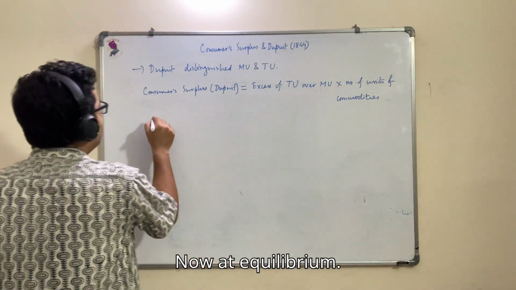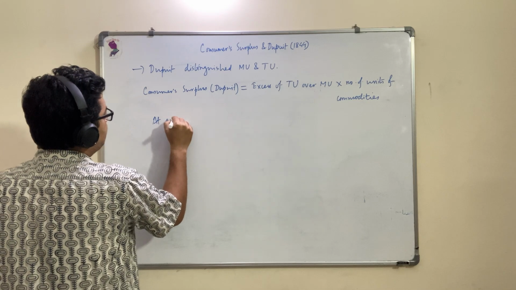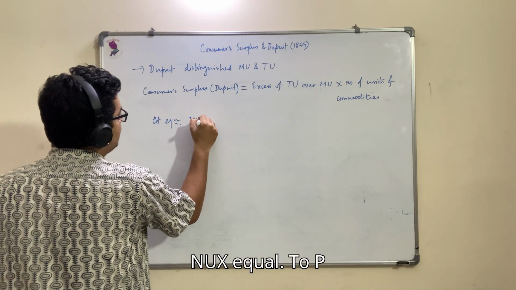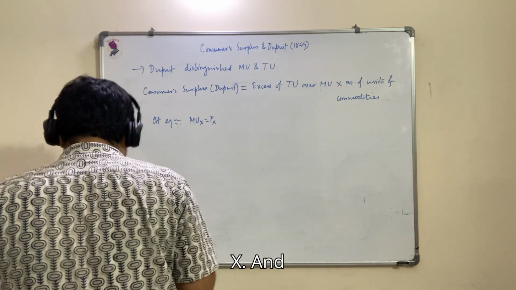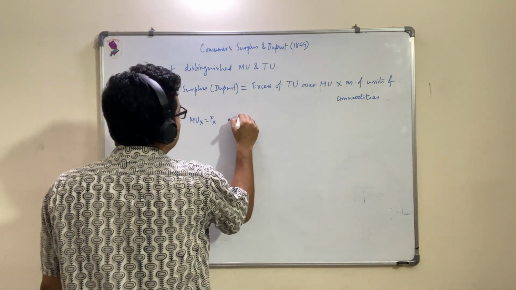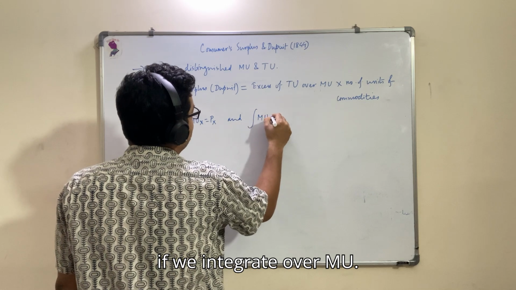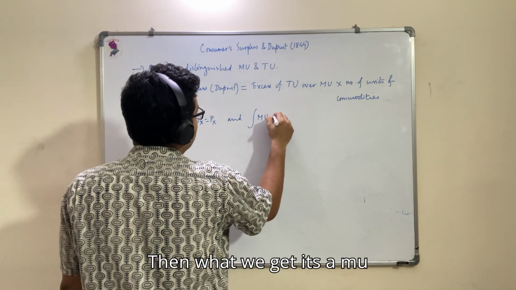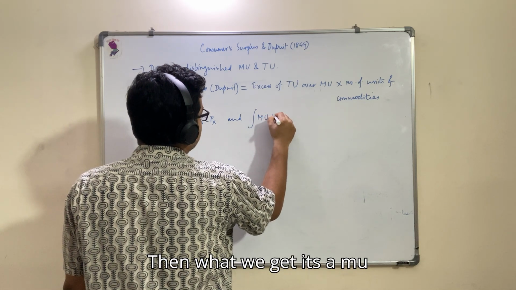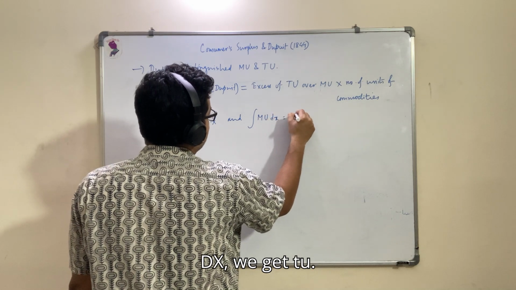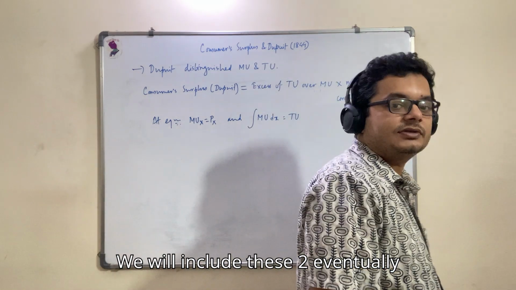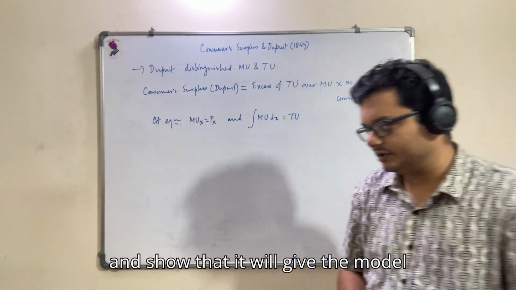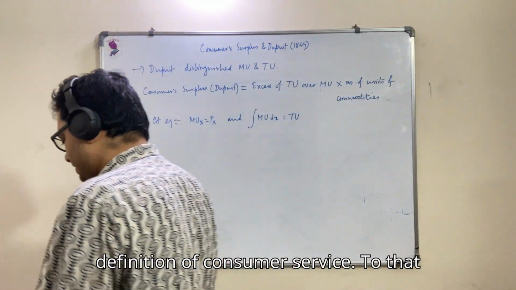Now, at equilibrium, MUx equal to Px, and if we integrate over MU dx, we get TU. We will include these two eventually and show that it will give the modern definition of consumer surplus.